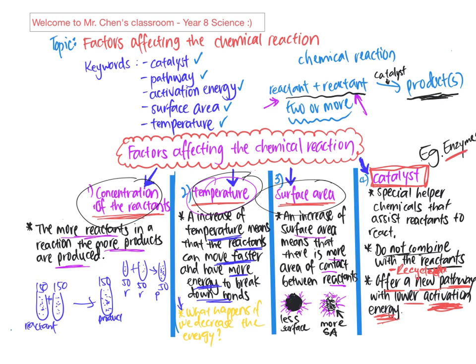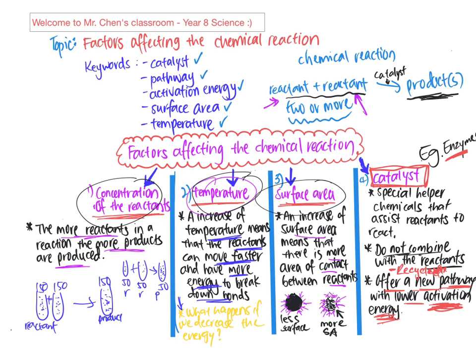So one example is your enzymes. In your body, did you know that you have enzymes to break down the food that you eat? Without these enzymes, your food would be digested 10,000 times slower, if not more. So it has a special place in our chemical reactions.